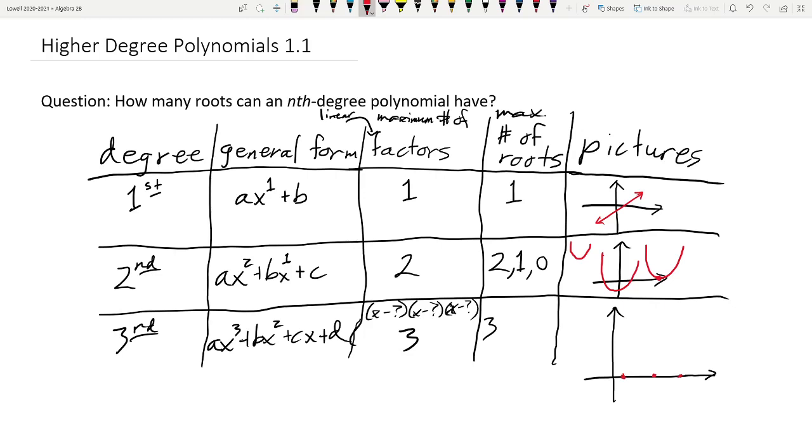If my graph starts this way, down here, pretend it could potentially start the other way, but I'm just going to start off negative just because it's got to at some point hit that first x-intercept, and it has to curve back down to hit the second one, and then at some point it's got to turn around again to hit that third one, and then it must just keep going because it can't turn back around, otherwise there would be a 4th x-intercept, which is not what's going to happen here.